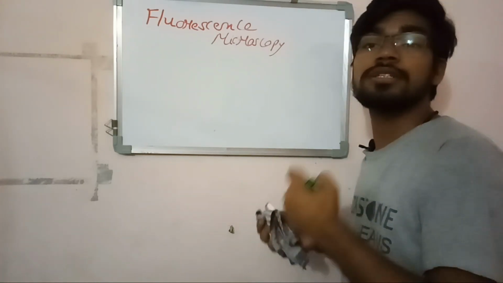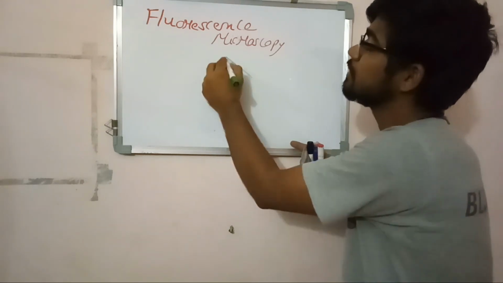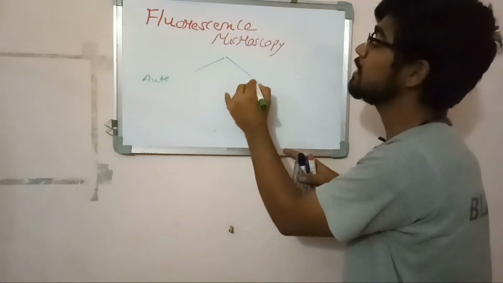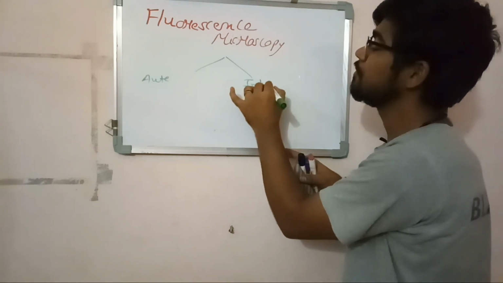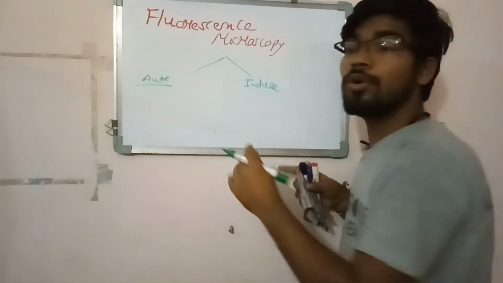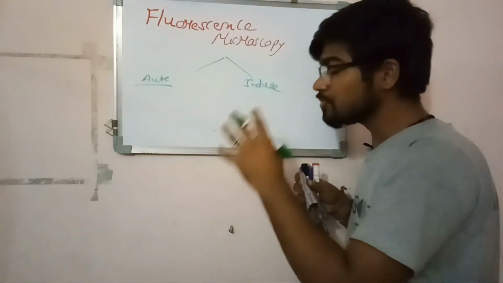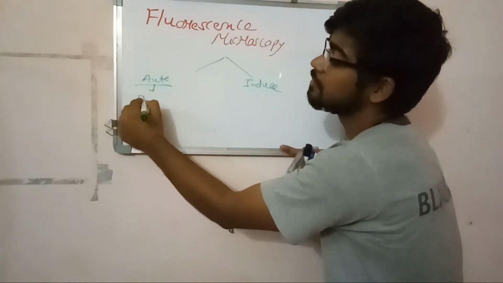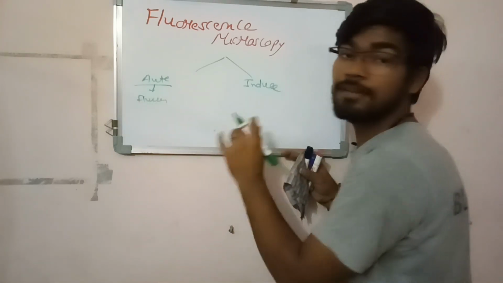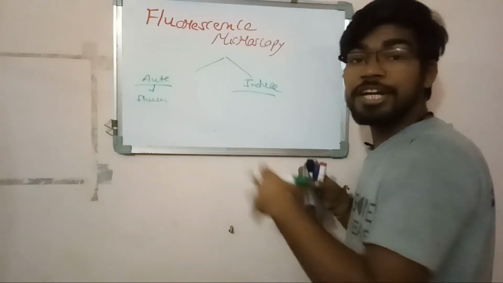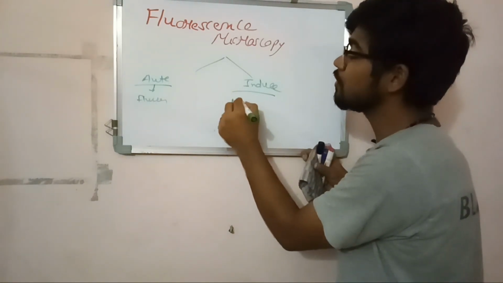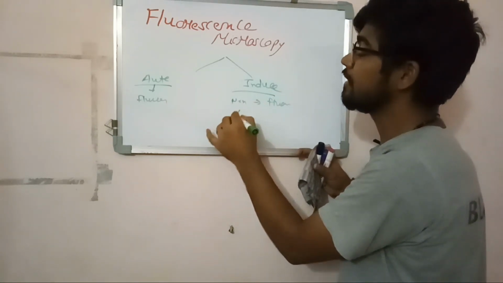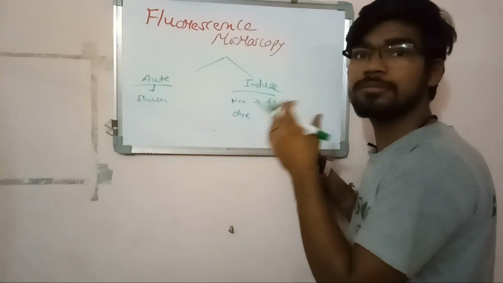Fluorescence may be of two types. First is auto, and the second one is induced. Auto means the fluorophore is autofluorescent by itself. In induced, we induce a non-fluorescent compound to become fluorescent by adding a dye, by staining, or by adding some molecules.